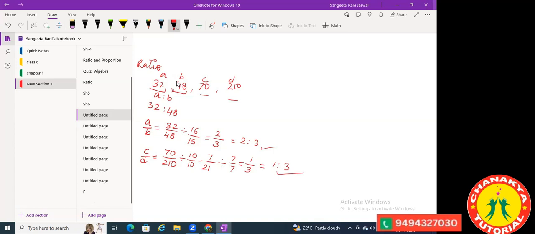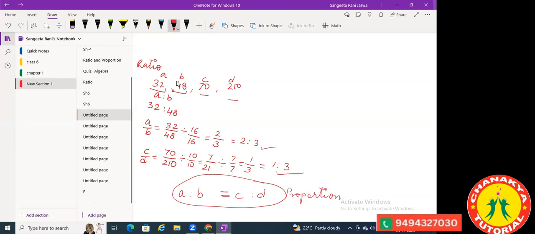If any two ratios A is to B and C is to D are equal, then we say that the ratios are in proportion. Understood? If one ratio is equal to another ratio, we say that those two ratios are in proportion.